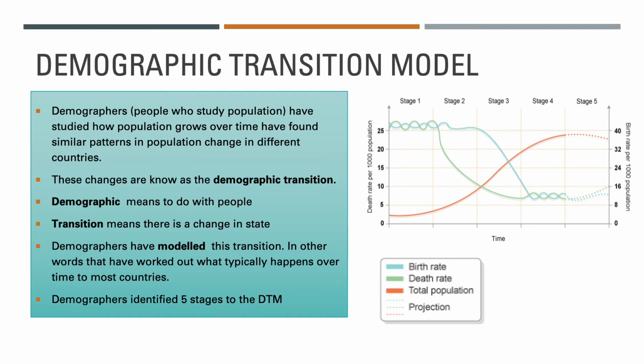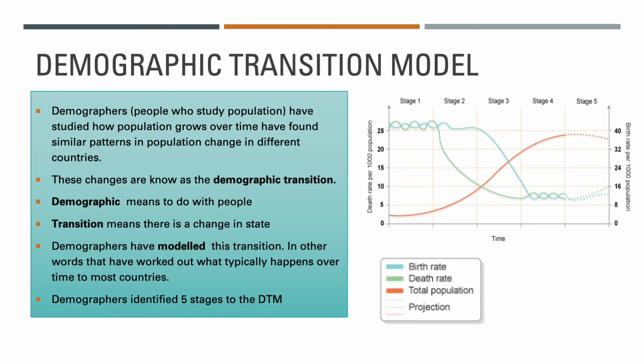So, demographers are people who study population, and they've studied population in lots of different countries around the world, and they've noticed that similar patterns can be spotted in each country. And we go from a situation where in stage 1, birth and death rates are both really high, and then we go through this transition to a stage where birth and death rates are both really low in stage 4.